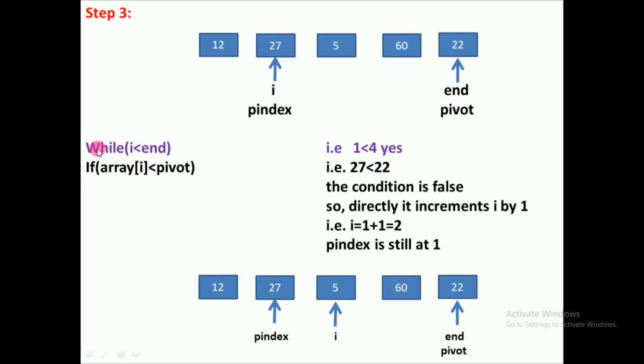If array of I less than pivot, that is 27 less than 22, no. The condition is false, so directly it increments I by 1. That is I is equal to 1 plus 1 is equal to 2. But the p index is not incremented. Since the condition is not true, p index is still at 1. We can see here p index at 27 only, but I is incremented to the next value in the array.